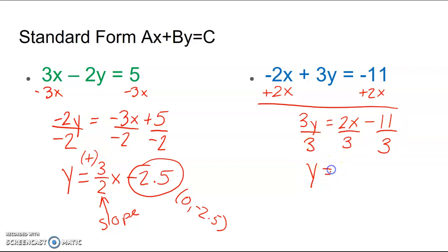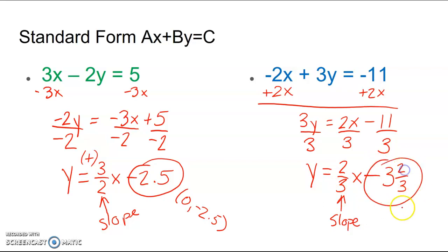I'm going to be left with y equals 2/3 x minus 3 2/3, since 3 goes into 11 three times with 2/3 left over. So my slope is 2/3. My y-intercept is going to be (0, -3 2/3). And because my slope is positive, my correlation is also going to be positive.